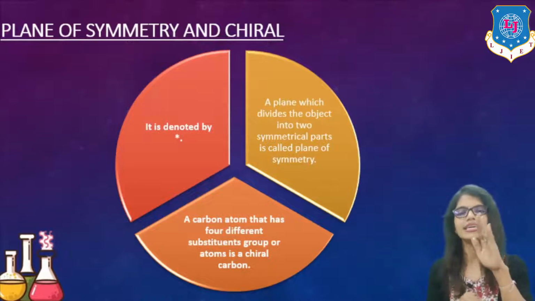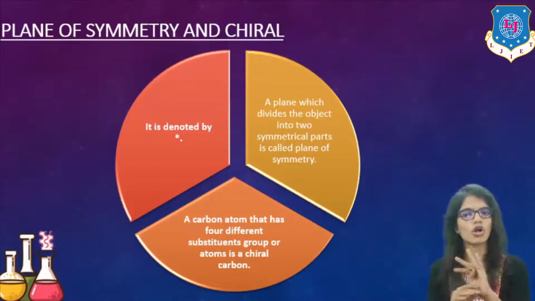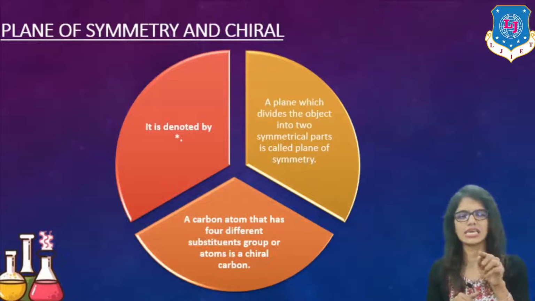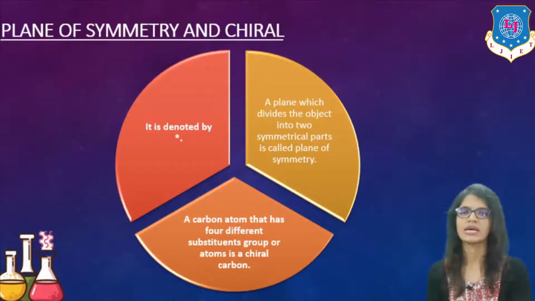All four valences are fulfilled by different groups or atoms. It is denoted by C star. It shows that every atom attached to it is totally different. Such compounds are optically active compounds.